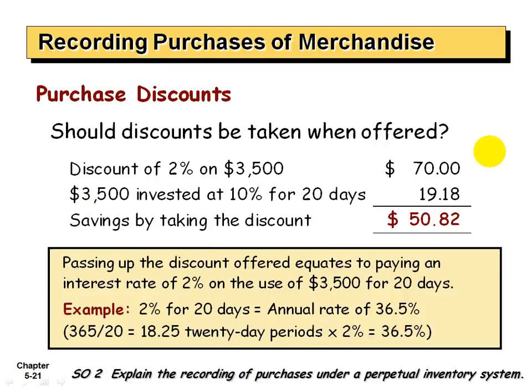Now, should you take advantage of this discount? It's only 2%, right? Well, you're earning 2% over a 20-day period. And if you try to annualize that, using this calculation here, if you try to convert this 2% for 20 days into a percentage for the year, here's the annual percentage that you're earning, 36.5%.